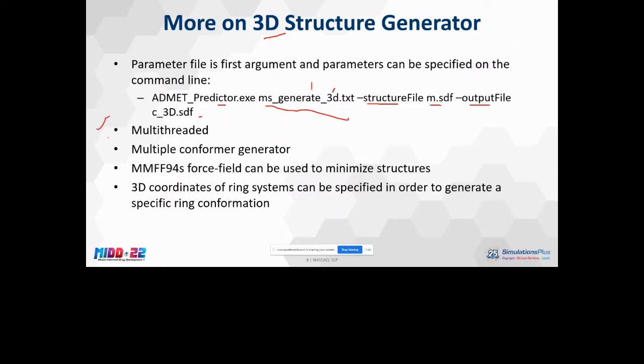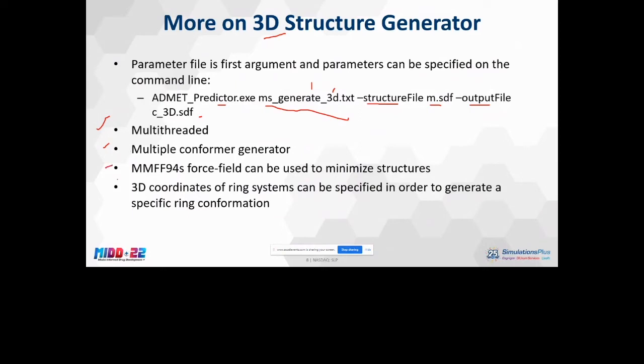The program is multi-threaded, so you can use multiple cores or multiple processors, and it generates the structures very, very quickly, even cyclic macrocycles. There is an option to create multiple conformers with this. Now, I didn't use this in my docking, but you could generate multiple conformers of different rings and different rotatable bonds, and then you could dock those statically into crystal structures, for example.